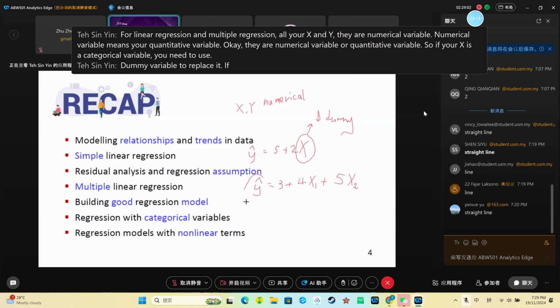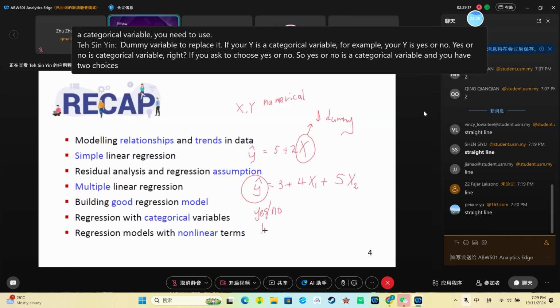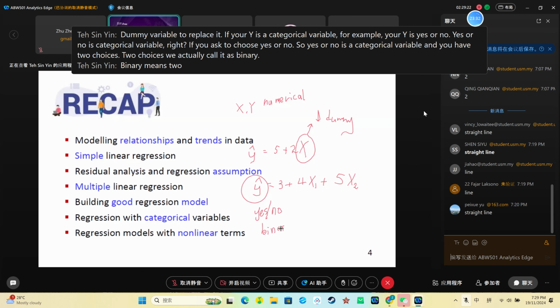If your y is a categorical variable, for example yes or no, that is a categorical variable with two choices. Two choices, we actually call it binary.